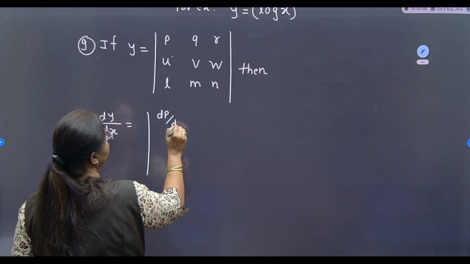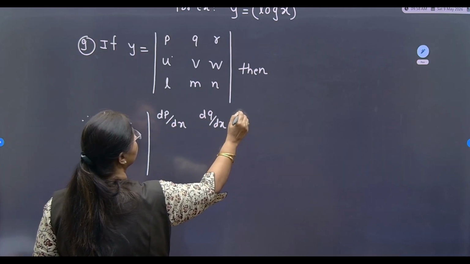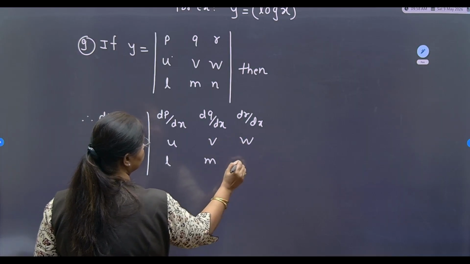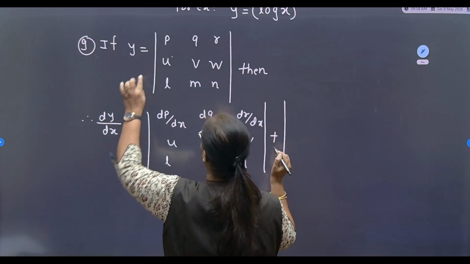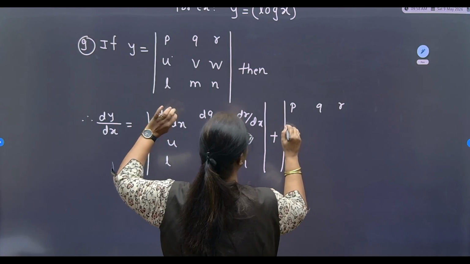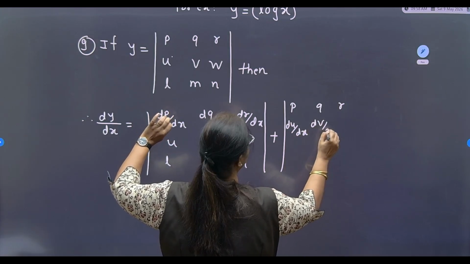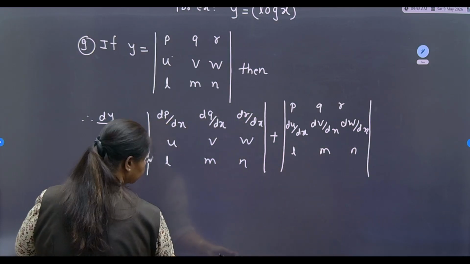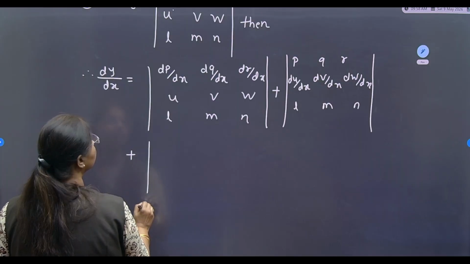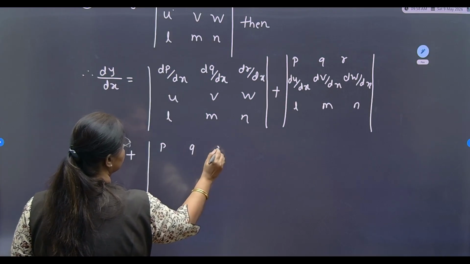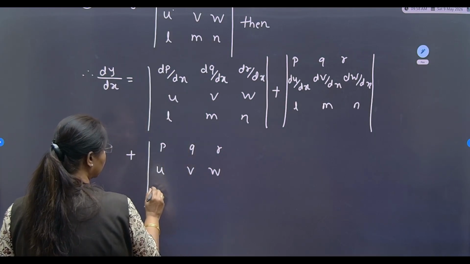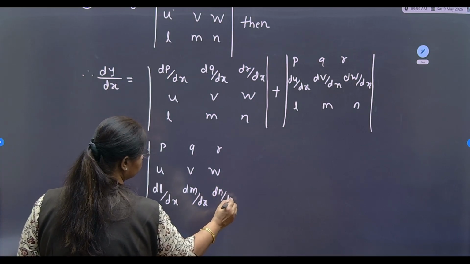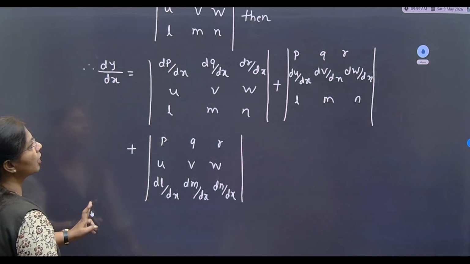Derivative of P with respect to x, dq by dx, dr by dx, second row as it is, third row also as it is, plus first row as it is, derivative of second row du upon dx, dv upon dx and dw upon dx, third row as it is, L, M, N, plus first row as it is, P, Q, R, second row as it is, U, V, W, and derivative of third row dl upon dx, dm upon dx and dn upon dx. Okay, this is the method to find the derivative of a determinant.